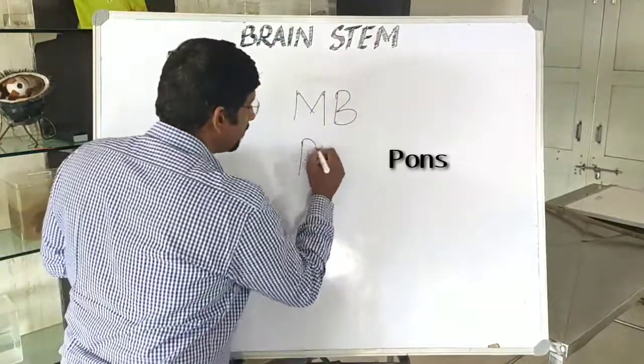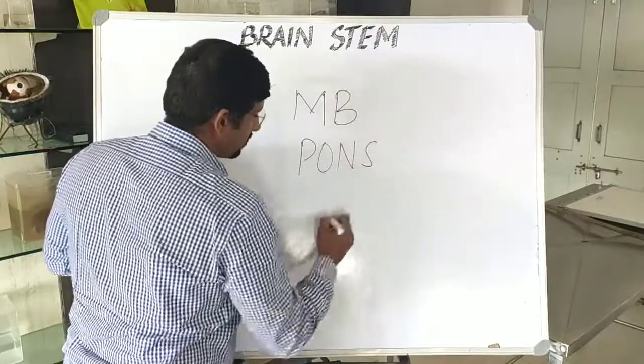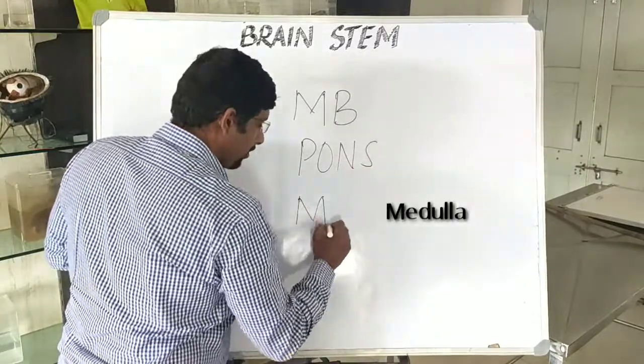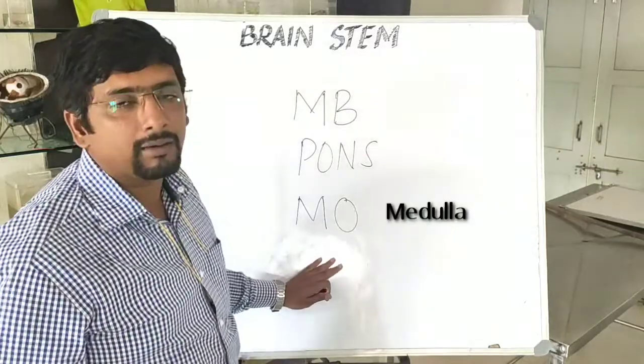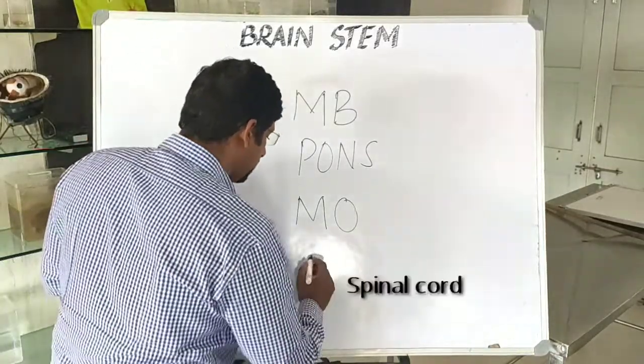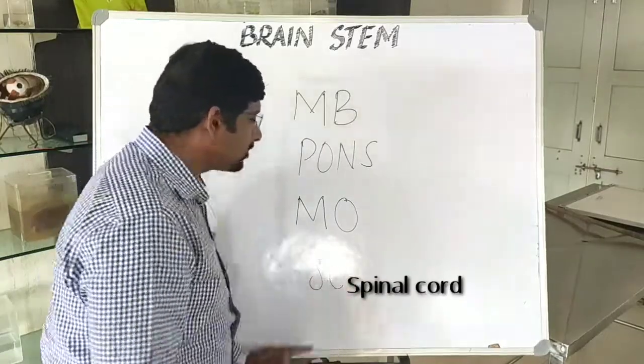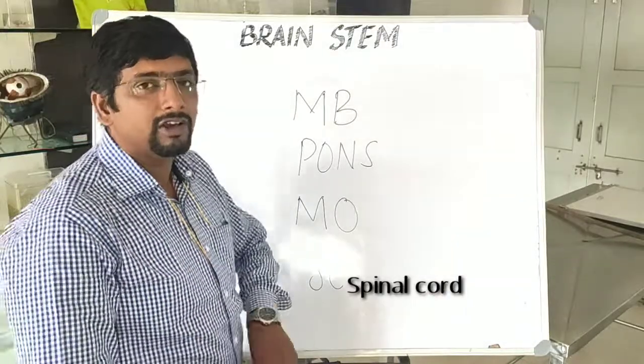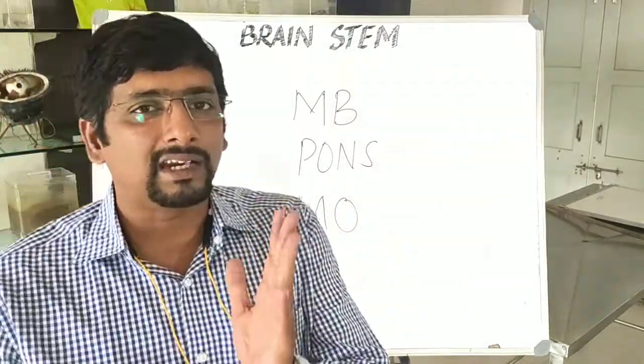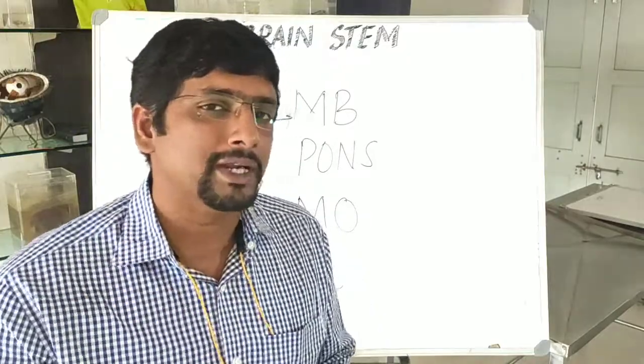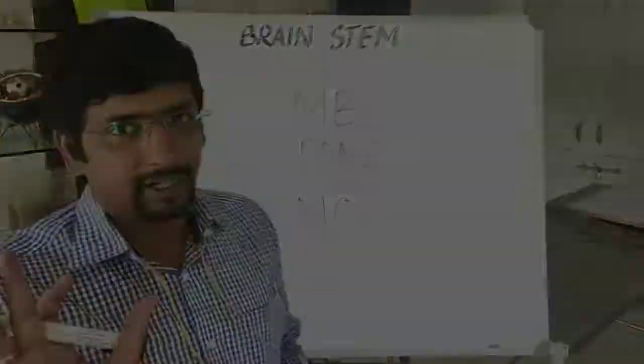midbrain, then pons, then medulla oblongata, or medulla in short. Below there will be the spinal cord. We'll draw diagrams of both the lateral view and the front view of the brainstem to understand it in a better way.